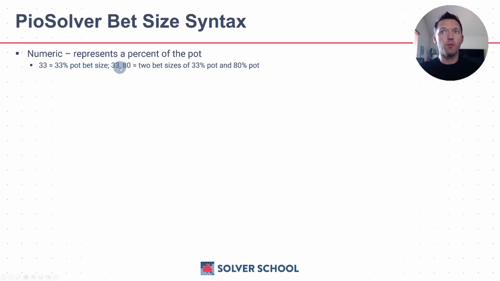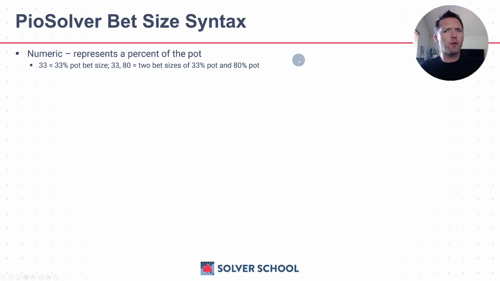You could also enter multiple values, separating each of the values by a comma, and that's going to give you multiple bet sizes based on how many that you actually enter. So if I enter 33, 80, that's going to give me two bet options where I have an option of betting 33% of the pot and 80% of the pot.